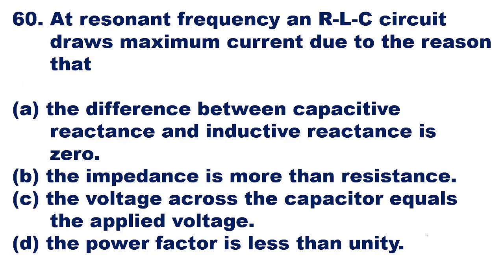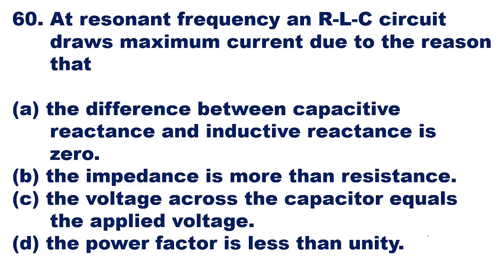At a resonant frequency, an RLC circuit draws maximum current due to the reason. The option says that the difference between capacitive reactance and inductive reactance is zero. This is the correct answer because the inductive reactance and capacitive reactance will be equal and opposite, so the difference between them will be zero.